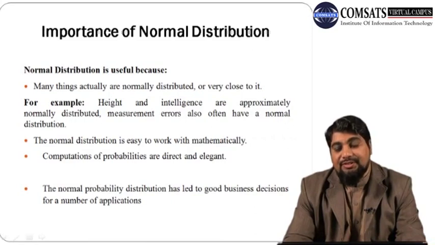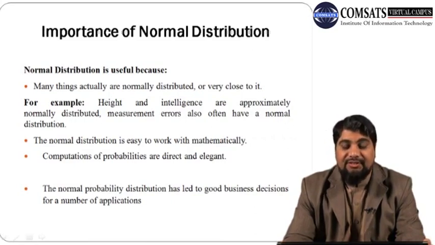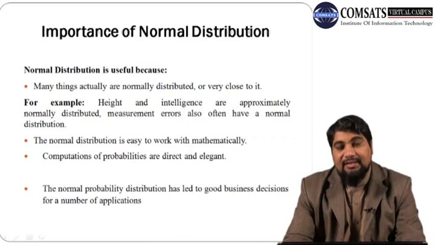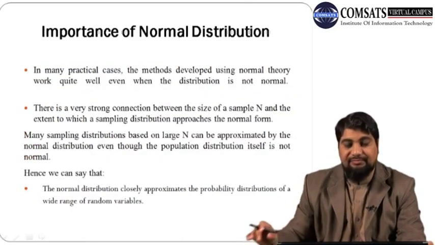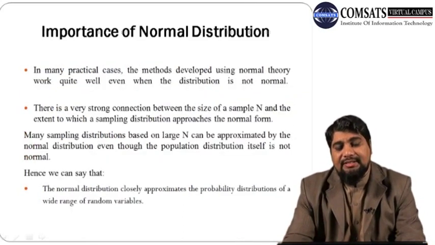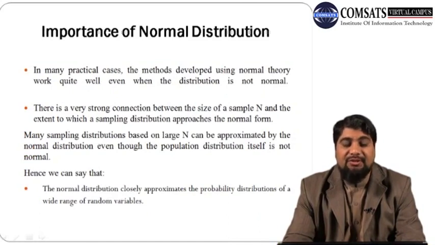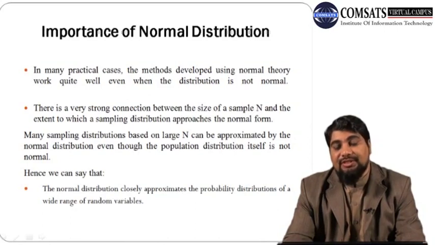The normal distribution is easy to work with mathematically, and computations of probabilities are direct and elegant. The normal probability distribution has led to good business decisions in a number of applications. In many practical cases, the methods developed using normal theory work quite well even when the distribution is actually not normal.